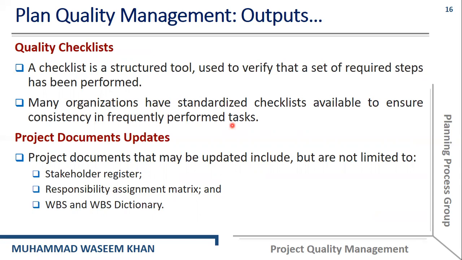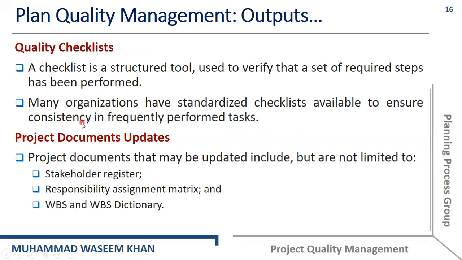If you have performed that quality measure, then you will tick mark it, that yes, we have considered this particular quality measure. And if you didn't take that quality measure, then you will have to uncheck it and go back and perform those quality measures and complete it.